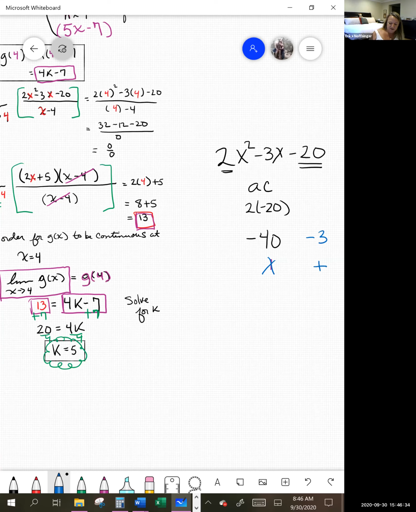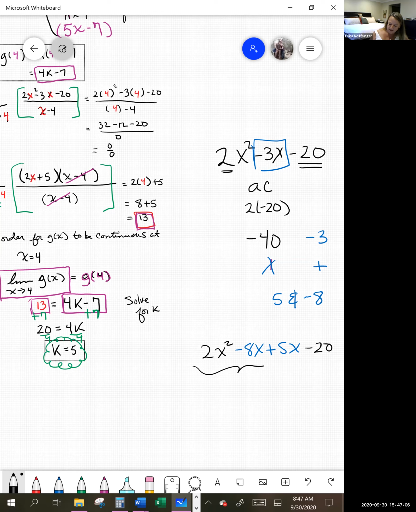Those two numbers that would add to negative 3 and multiply to get us negative 40 are 5 and negative 8. That's where you go to rewrite this factor, 2x squared minus 8x plus 5x, which is another way to write that middle term as negative 3x, minus 20.